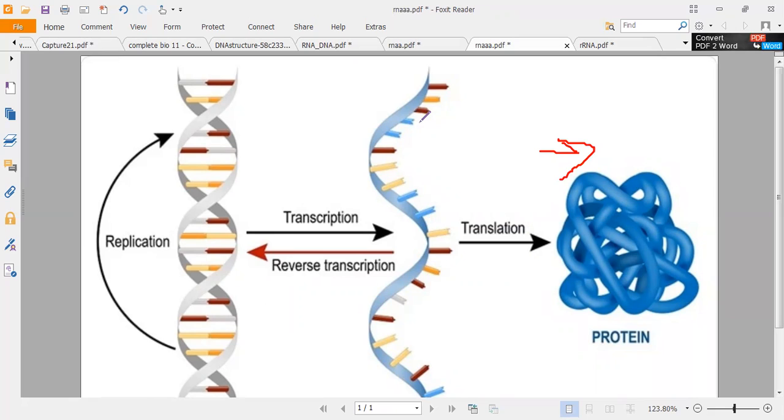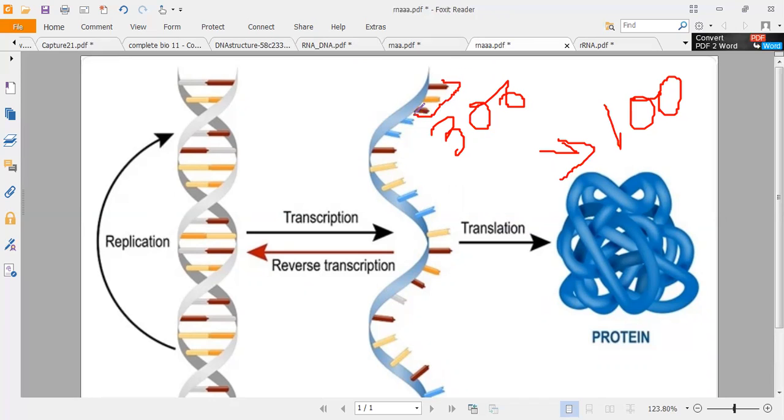So, for example, if a protein molecule has almost 100 amino acids, messenger RNA will have 300 nucleotides in it.